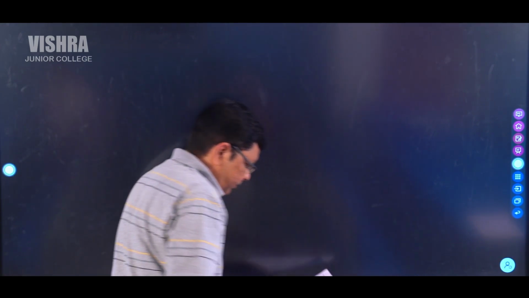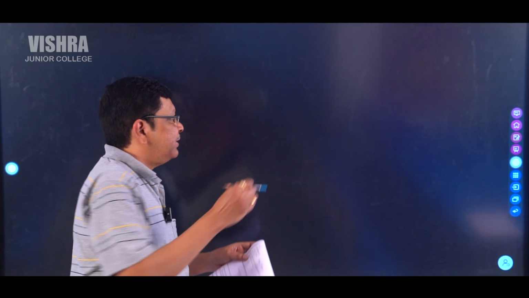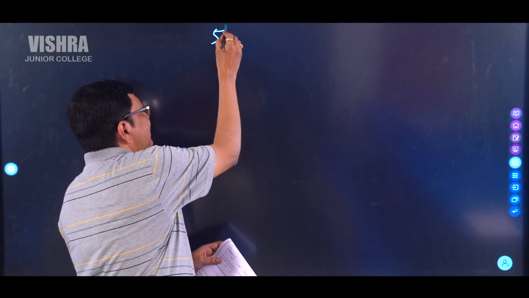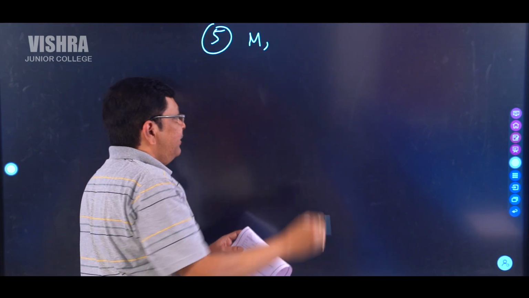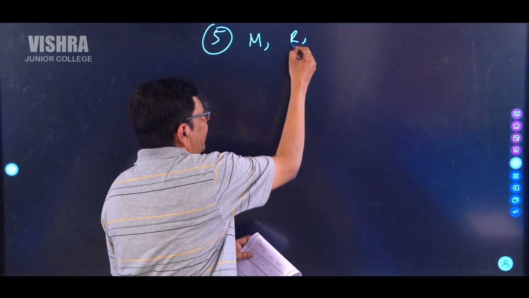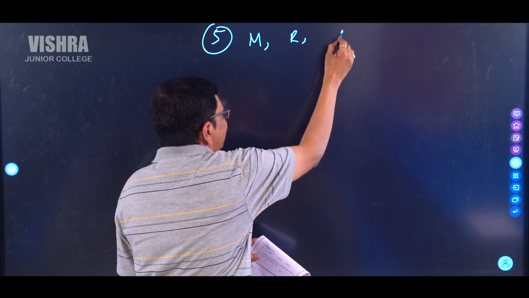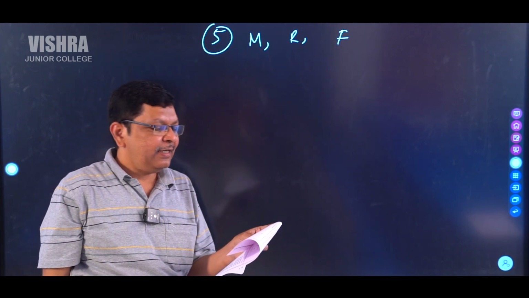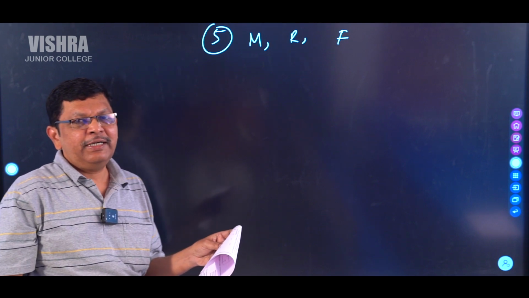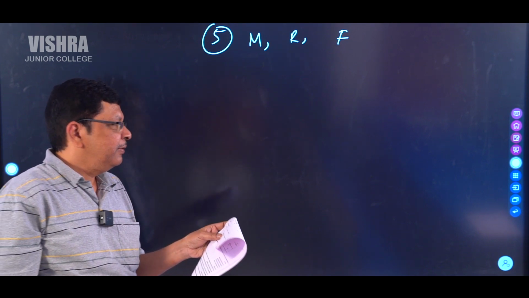In this question, he has given a solid sphere. Mass of the sphere is M, radius of the sphere is capital R. And this sphere is exerting a force F on a point mass kept at some distance outside from the center of the sphere.